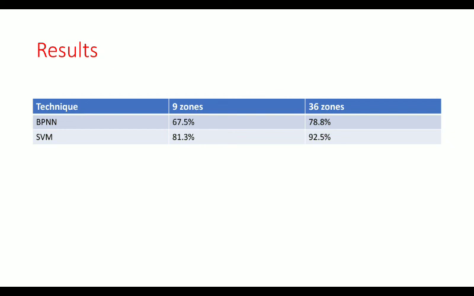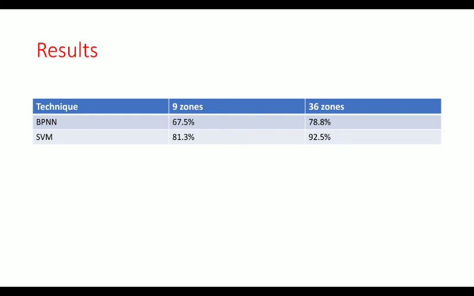We can observe that if we increase the zones, the accuracy also increases. After that, instead of the backpropagation network, if we use the support vector machine, there is an improvement in accuracy. With 9 zones, the accuracy is 81.3%, and with 36 zones, the accuracy is 92.5%.